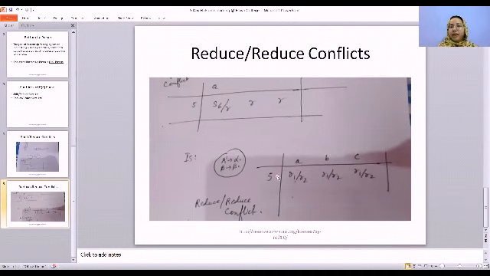Therefore in state number 5, in each column, A, B, C, we have R1, R2, because suppose one is rule number 1 and the other is rule number 2. So this is called reduce-reduce conflict, because we don't know which rule to reduce with. So this is a conflict.